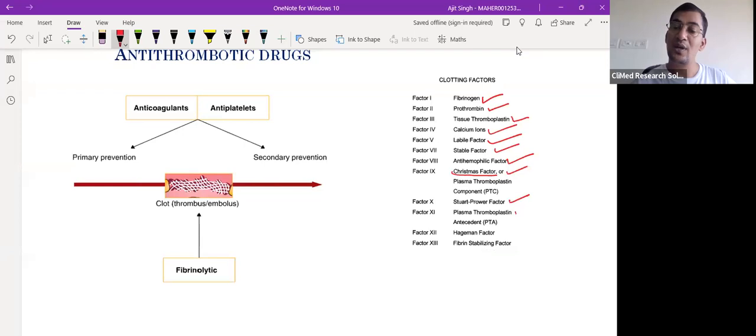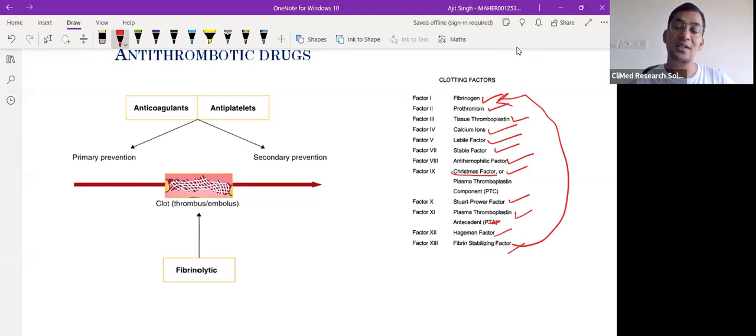Factor 11 is plasma thromboplastin antecedent, so that is PTA also. Then factor 12 is Hageman, and factor 13 is fibrin stabilizing factor, which stabilizes the fibrin formed from factor 1.